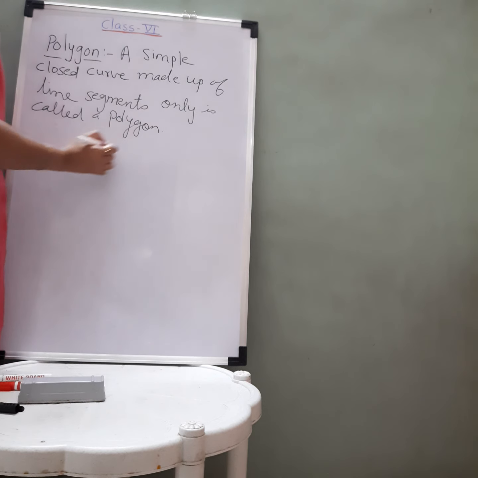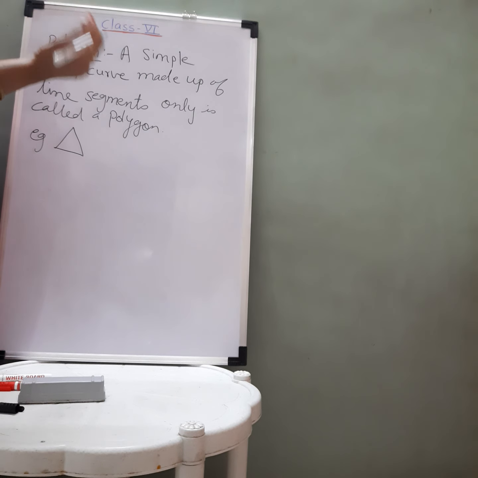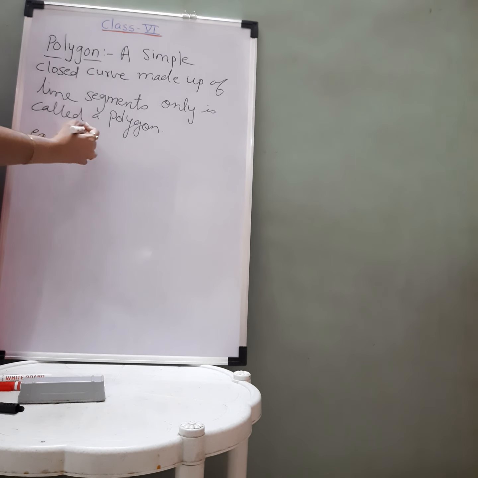So what are the examples of a polygon? For example, triangle. This is the polygon with the lowest number of sides, having 3 sides. Triangle, quadrilateral.